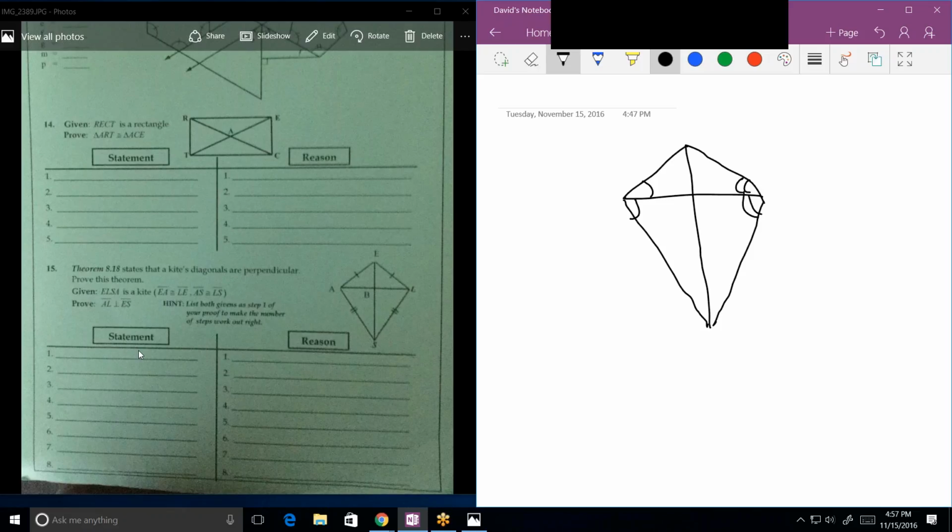Now, how are we going to prove that that is perpendicular? No, because that comes after. Didn't hear you. Wait, what? What are you talking? I didn't hear what you just said. Can you please restate that? I haven't figured out yet how we're going to prove that that's perpendicular.